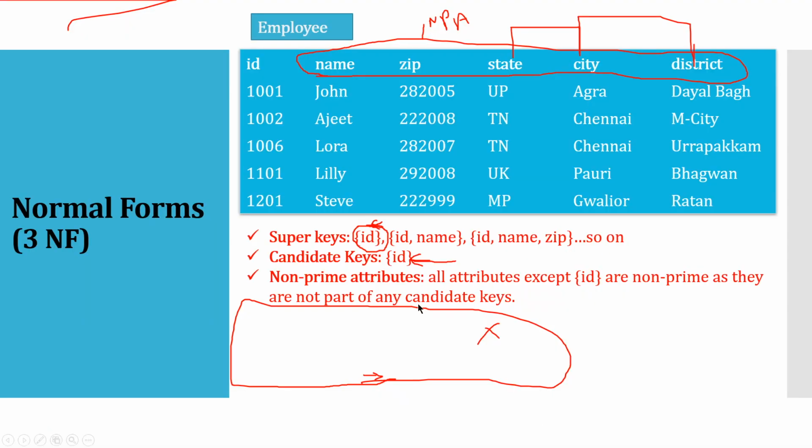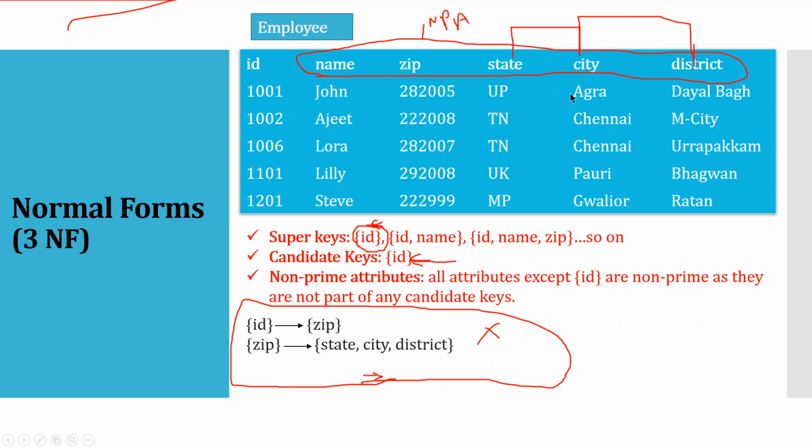Okay, so next I am trying to create one transitive functional dependency like this. ID is determining the zip. So if I have the ID, I can determine the zip code or pin code of the employee, right? And if I have the employee pin code, then I can determine the state, the city and district of that particular employee.